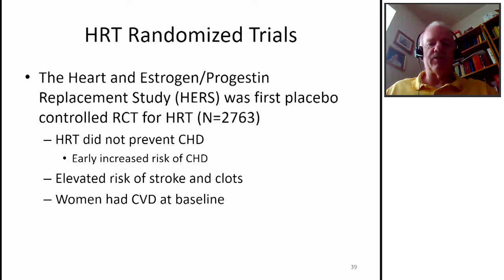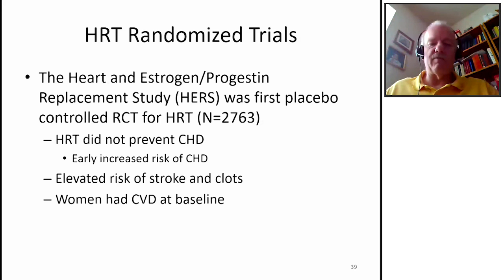That was the first placebo-controlled, randomized controlled trial for hormone replacement therapy. It had about 2,760 patients, and they found that hormone replacement therapy did not prevent coronary heart disease, which is what CHD stands for.